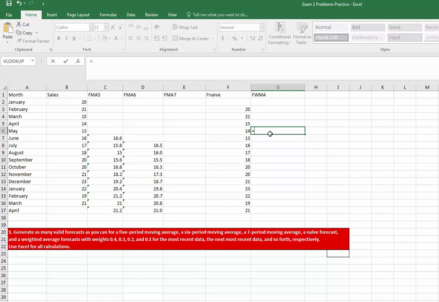So it's 0.4 times, what's the most recent data if you're sitting in May? Well, it's April's data. So that's B5 plus 0.3 times B4 plus 0.2 times B3 plus 0.1 times B2. And that looks like reasonable data as well.